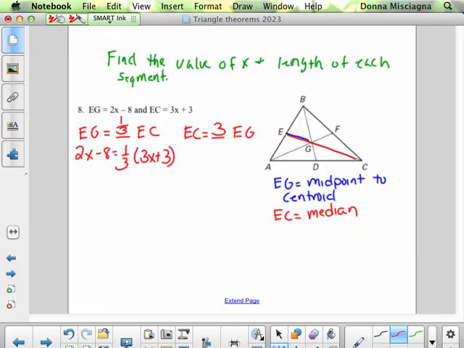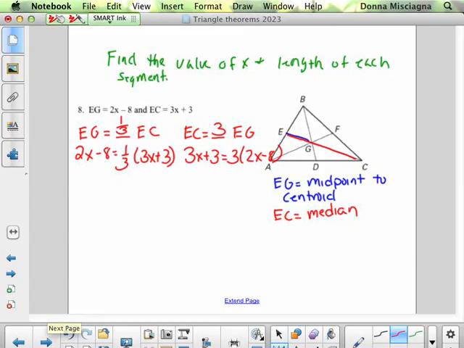And the other equation would be 2x minus 8 equals 3 times, wait, did I put it backwards? Oh, sorry. You see 3x plus 3 equals 3 times 2x minus 8. So either one is really about the same because we had a nice 1/3 to distribute over a 3x and a 3. So it really doesn't make a difference which we solve.